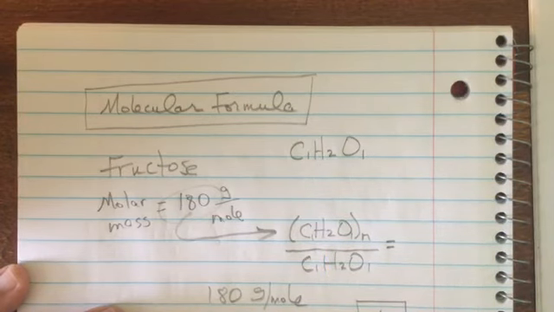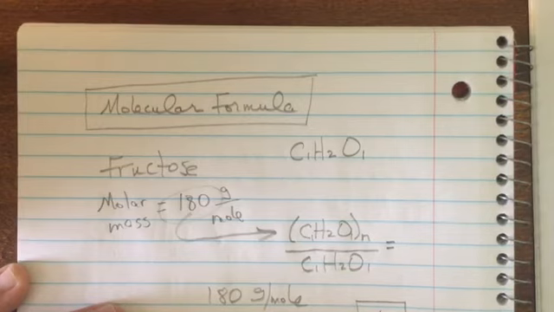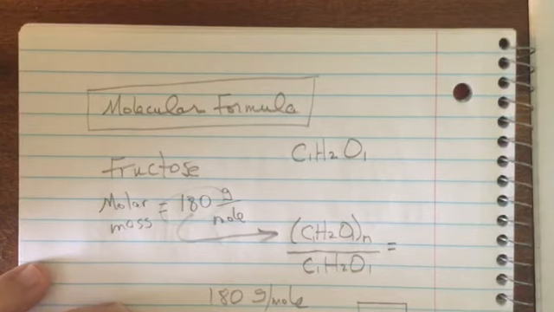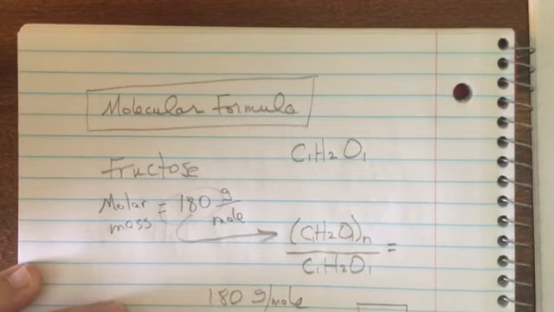My empirical formula, C1H2O1 times 6 gives me C6H12O6. This is the molecular formula of fructose.